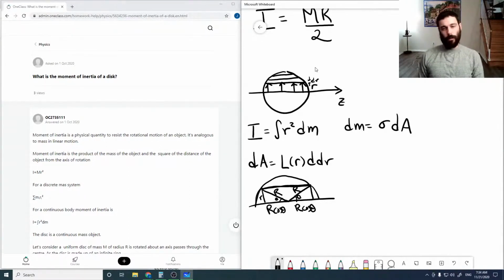And now I've kind of switched to a theta, but it turns out that trying to calculate this in terms of r actually becomes quite difficult.